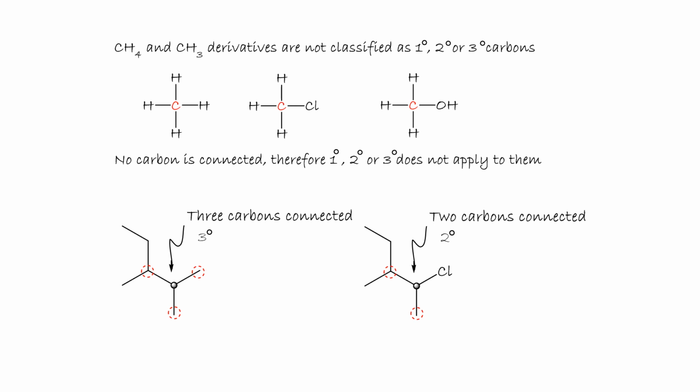For a compound containing only one carbon, like methane or methyl chloride or methanol, it is not classified. You cannot classify it as primary or secondary or tertiary. This name doesn't apply to them because no carbon is connected to this carbon.